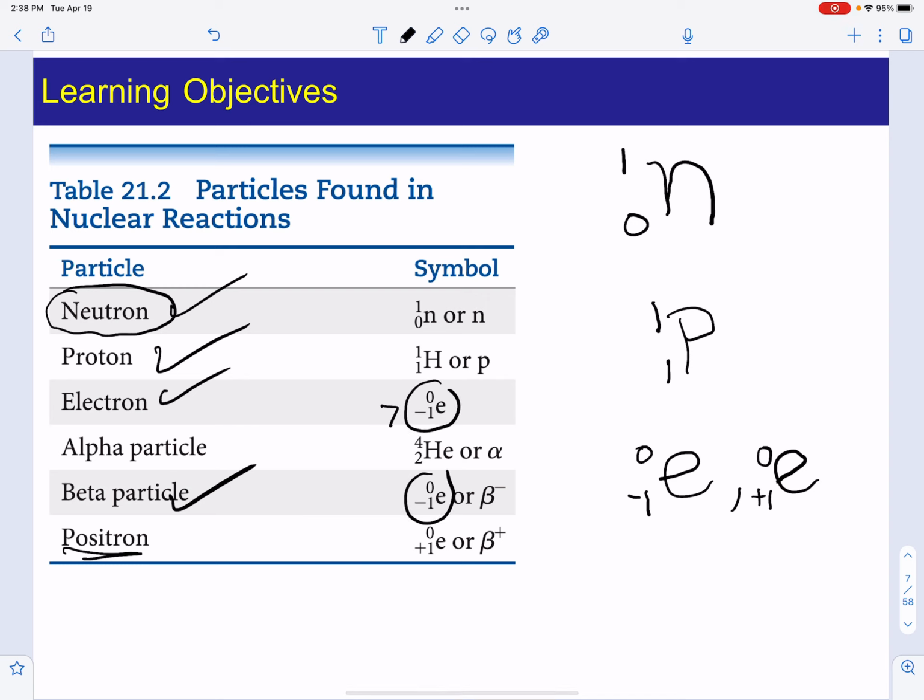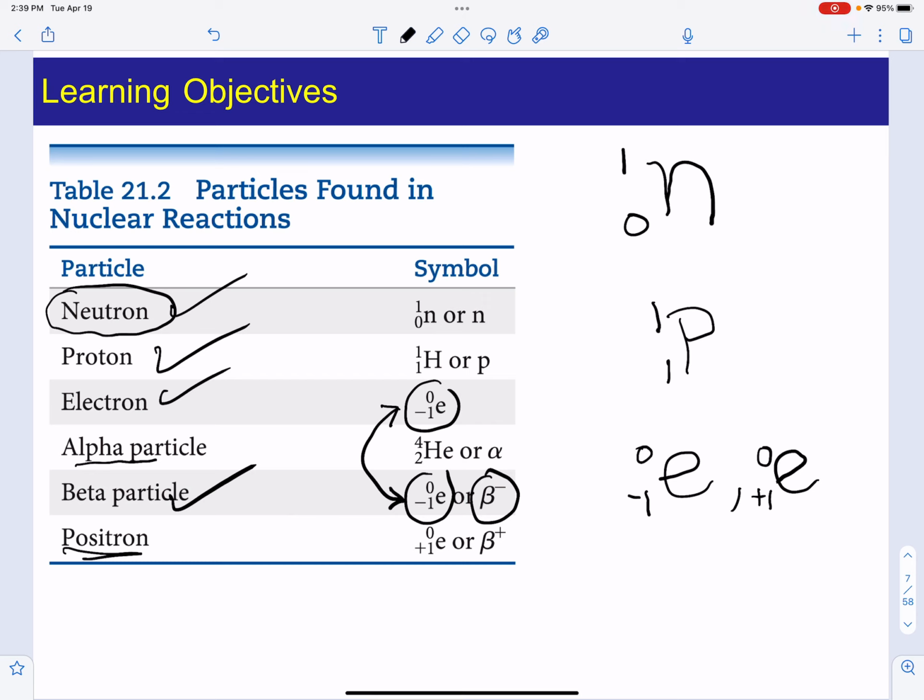So an electron, when it's part of a nuclear decay, we call it a beta particle. And it can be expressed with this symbol here. So consider an electron and a beta particle the same for our purpose.